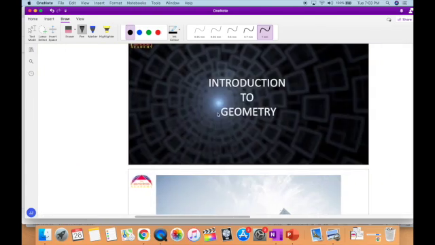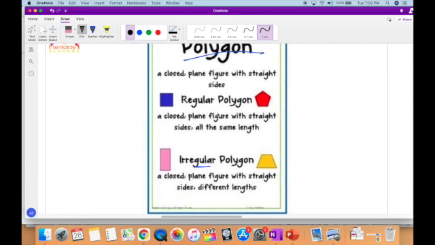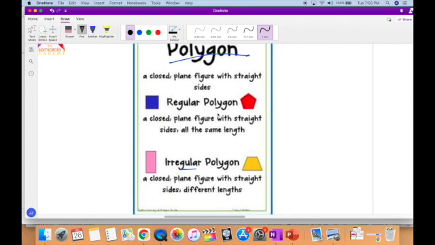What is a polygon? A polygon is a closed plane figure with straight sides. We have regular polygons and irregular polygons. So we will see a regular polygon, and just mark these 2 types, regular and irregular.